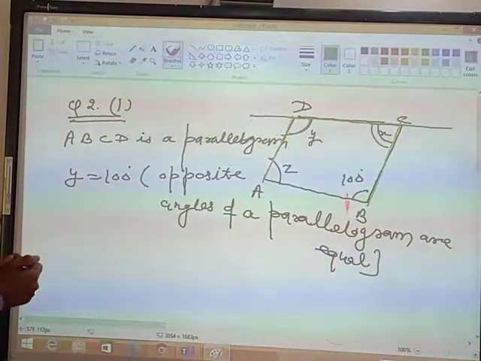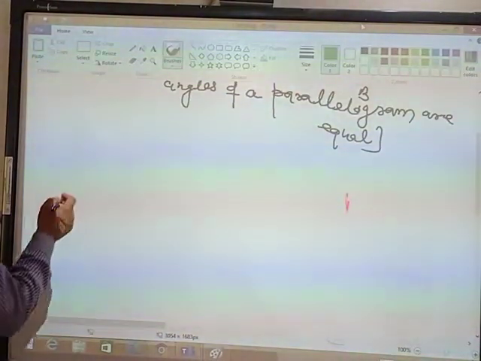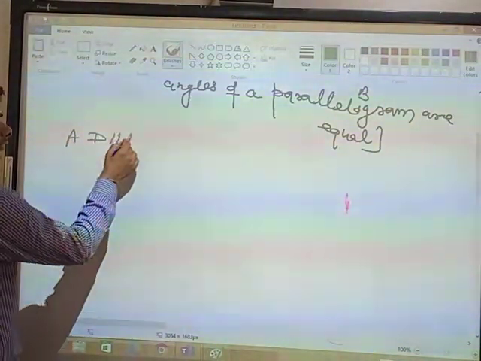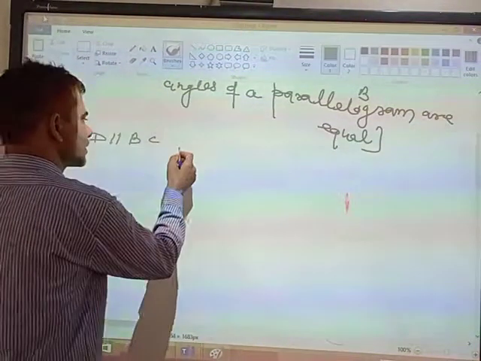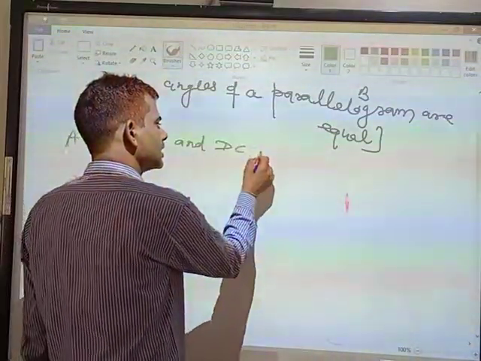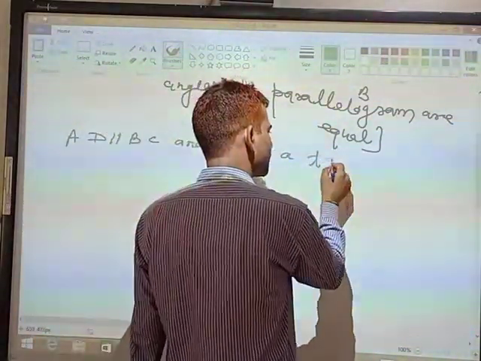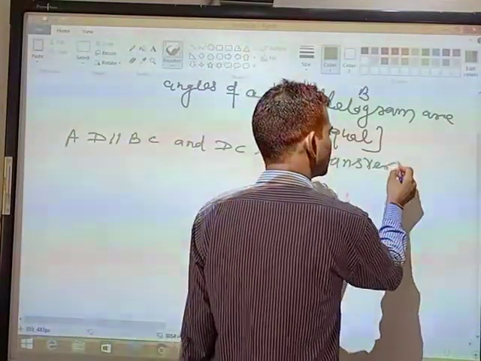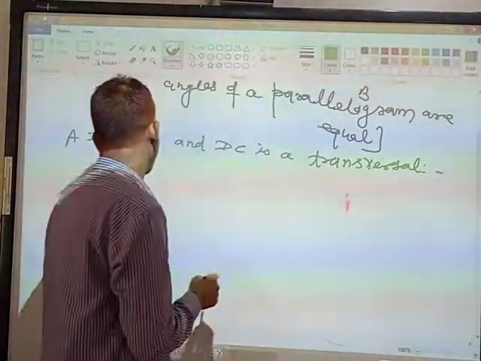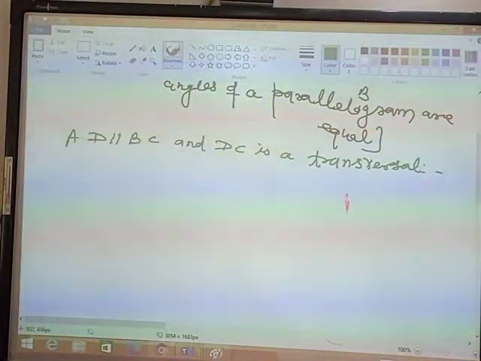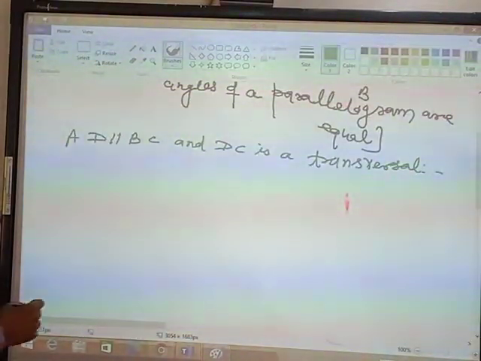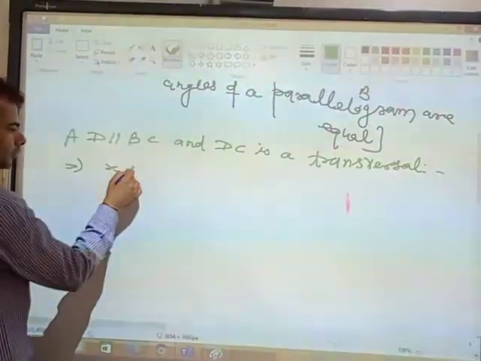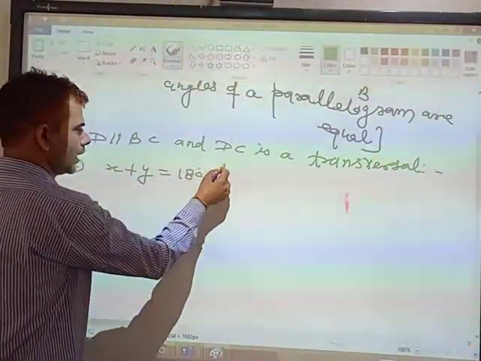Now student, write: AD parallel to BC, and BC is a transversal. So x plus y is equal to 180 degree. Why?